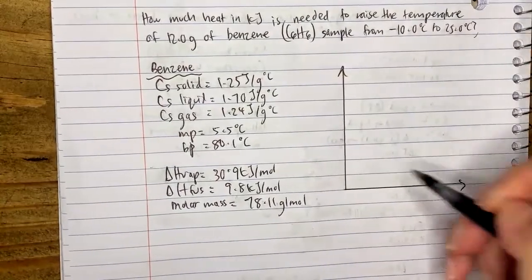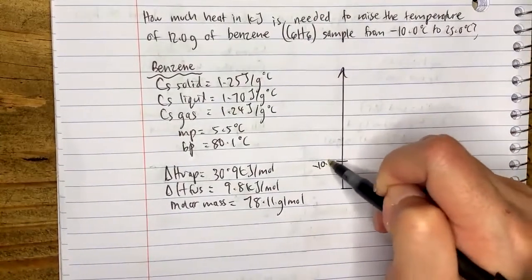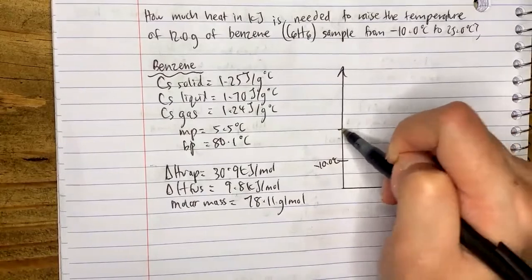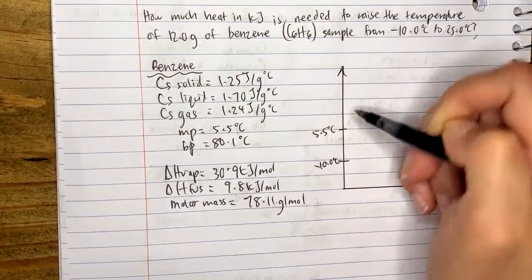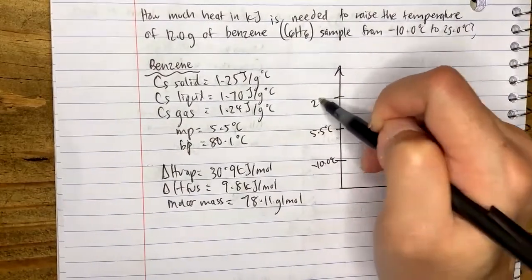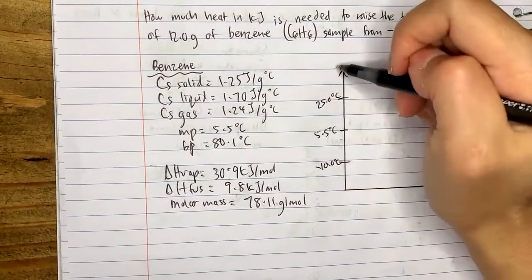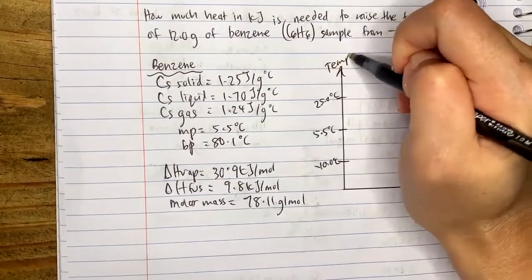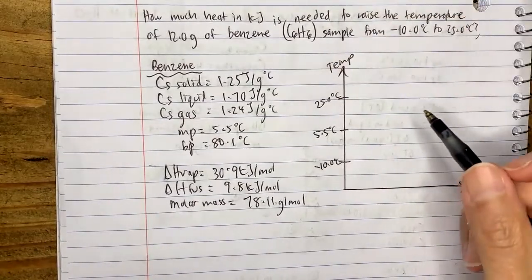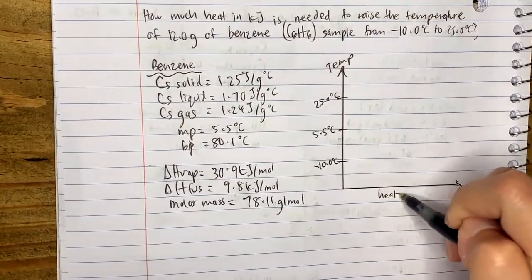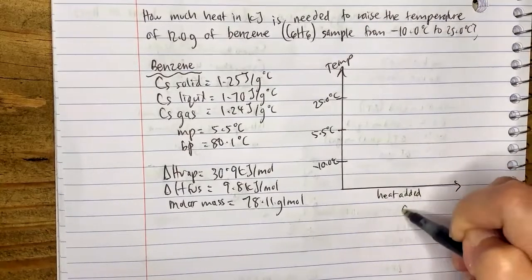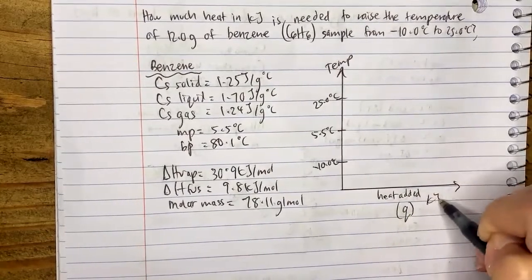So I'll draw it out. I like to basically mark down, so I have -10 Celsius, and then it's gonna go to 5.5 Celsius, and then it's gonna go to 25 Celsius. It's not to scale because I'm not really a good artist like that, so you guys would just have to put up with it. So this is heat added in kilojoules.